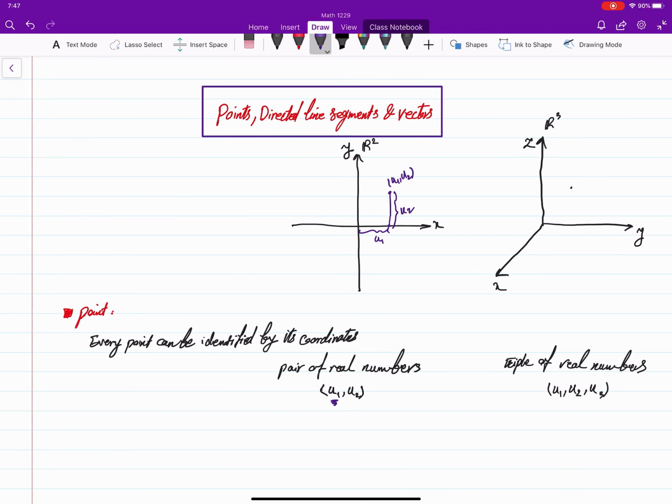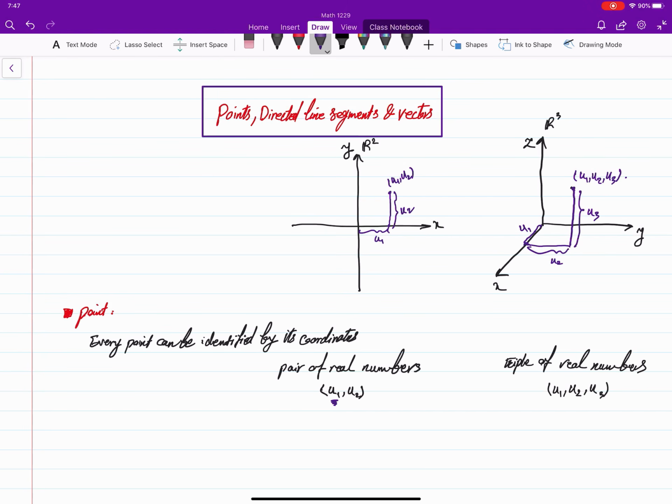In the case of R3, we first find u1 on the x-axis. In the direction of y we go u2, and then in the direction of z, which is vertical, we go u3. The point we end up with is u1, u2, u3.